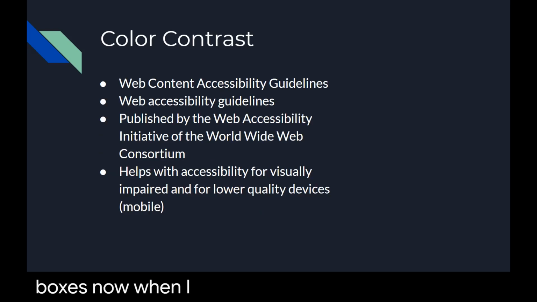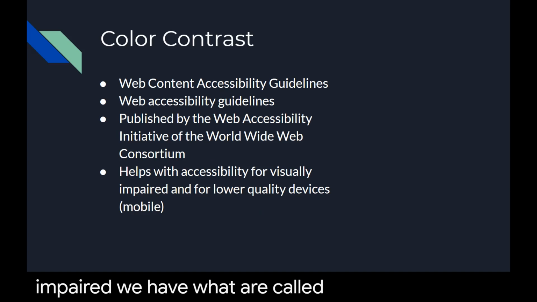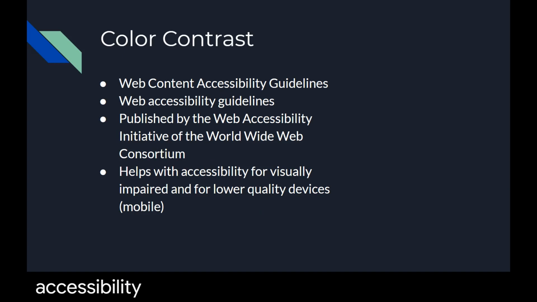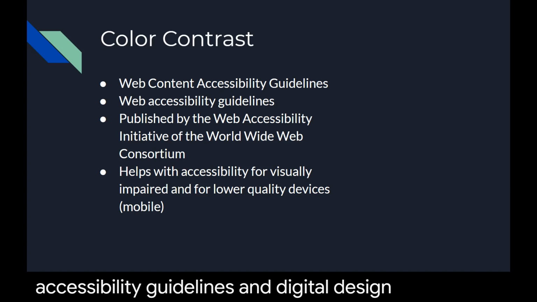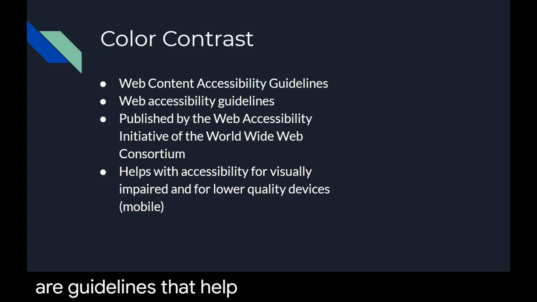Now, when I talk about those who are vision impaired, we have what are called web content accessibility guidelines in digital design. And these are guidelines that help us to be more accessible in the ways that we publish and design.